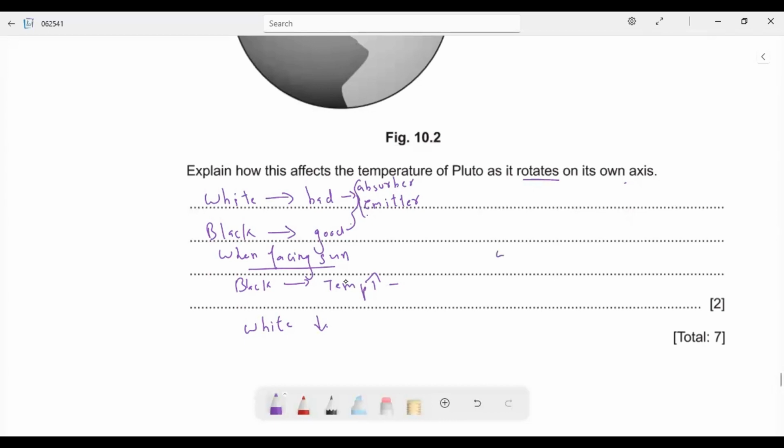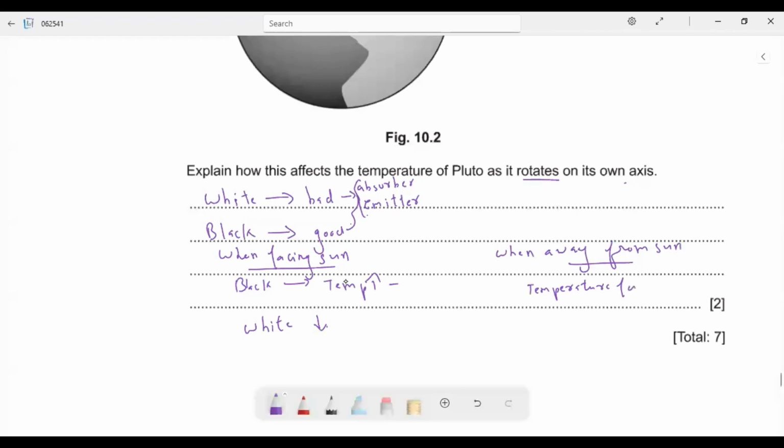And when it is away from the Sun, the temperature falls. How is the temperature falling?